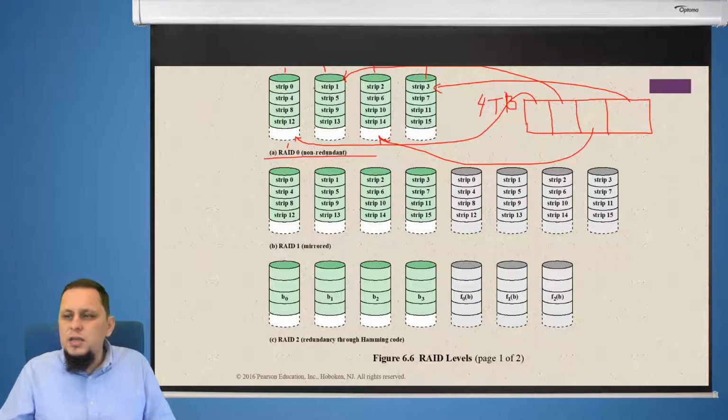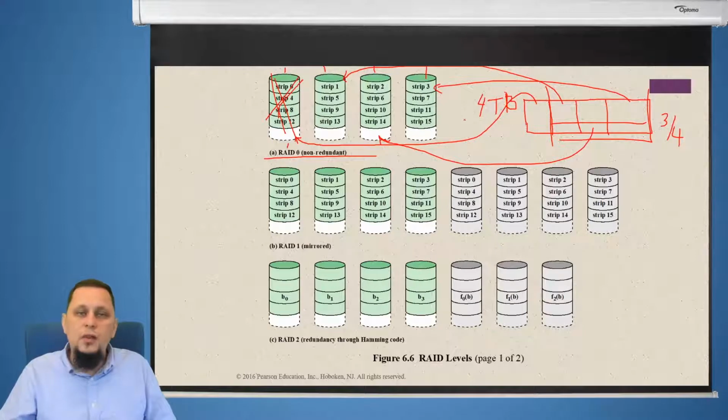Because if, for example, hard disk 1 is damaged, you still have the other parts of your data. Even if one hard drive fails, you still have three quarters of your data. That's why it's important not to put all the eggs in one basket, right? Put the eggs in multiple baskets.